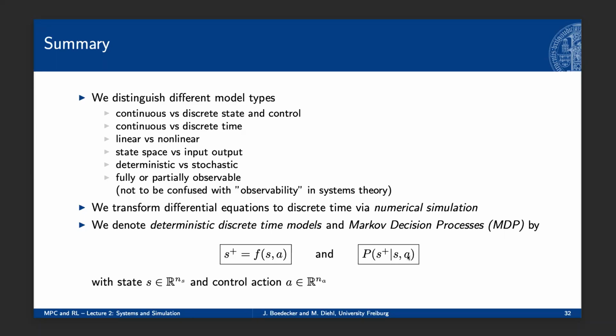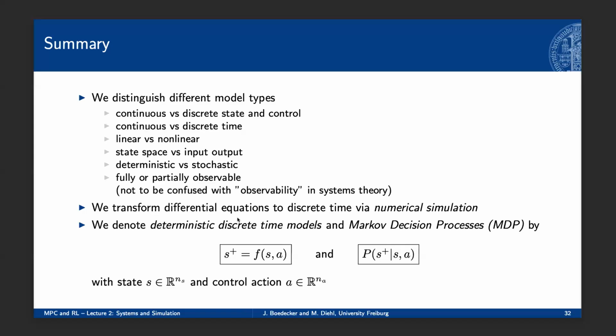Actually, a partially observable MDP can have an observable system model at the bottom. And observability means that from measurements you can estimate the whole state. For some systems you can do that, in others you can't. But please distinguish this systems theory observability notion.